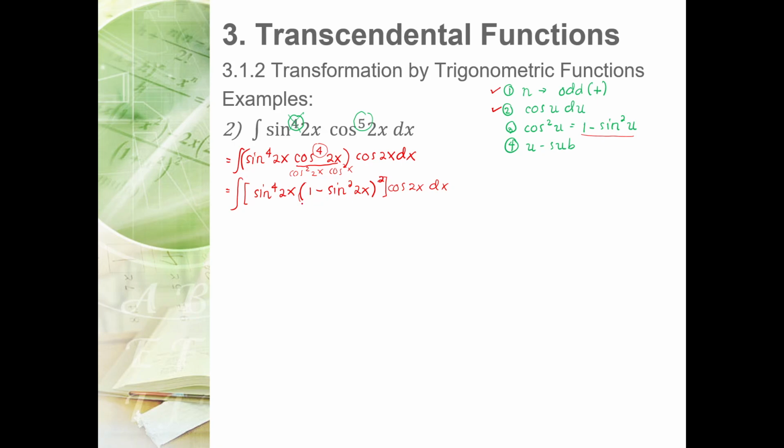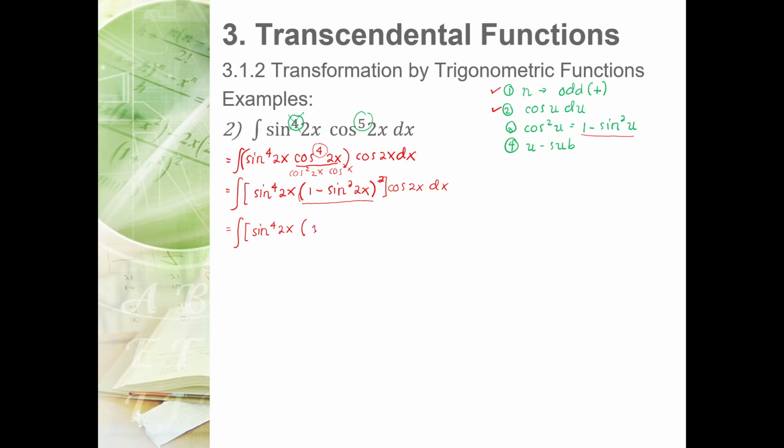So next we need to expand this squared term. So you have sine to the fourth 2x. This one is the square of a difference, the square of a binomial.